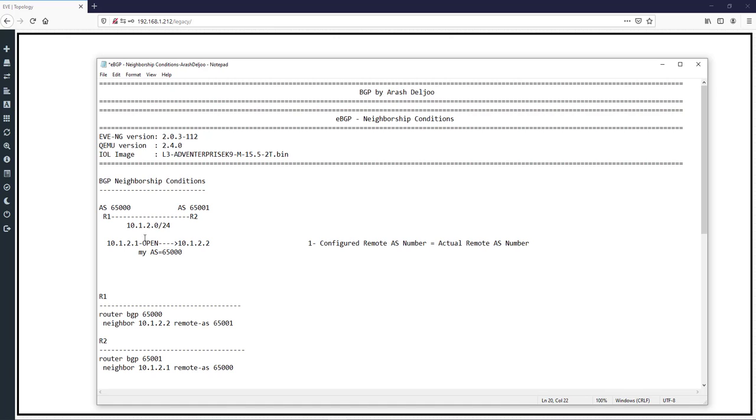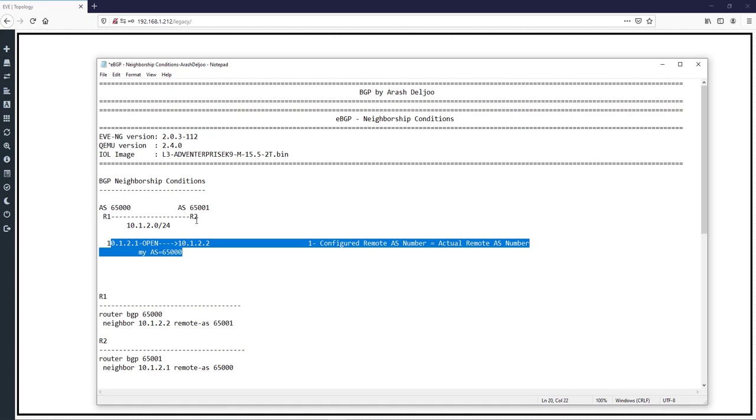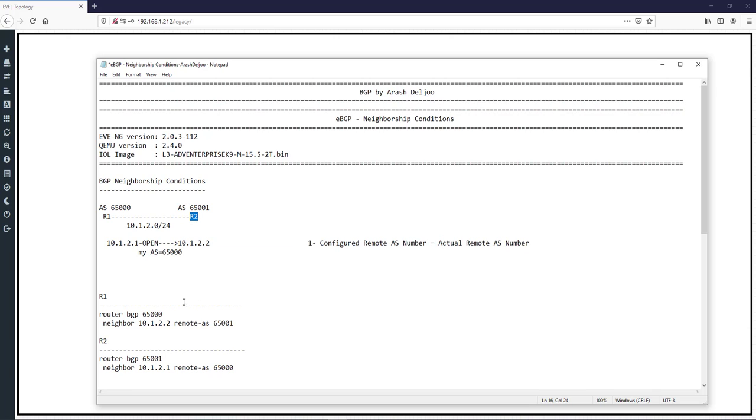When this open message is received in R2, R2 first checks the source IP of the packet and understands that it is the same as its neighbor command. We configured in R2 neighbor 10.1.2.1, and now R2 sees a message from that IP address.